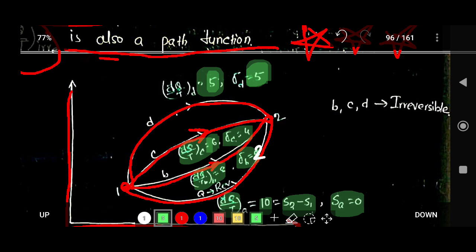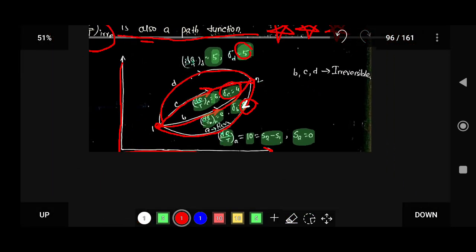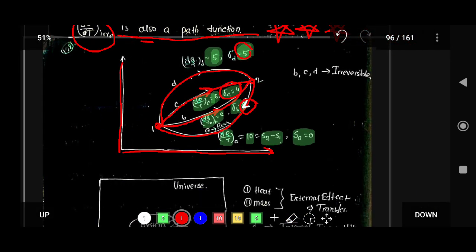So we see that in process B the entropy generation is 2, in process C the entropy generation is 4, in process D the entropy generation is 5. That means as the irreversibility increases, the entropy generation also increases. Okay, so this is the concept here.